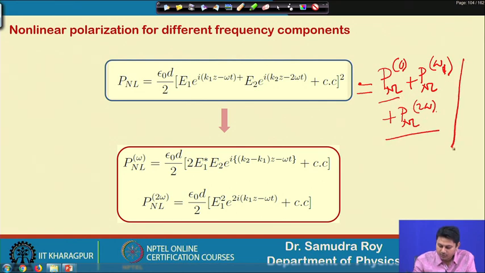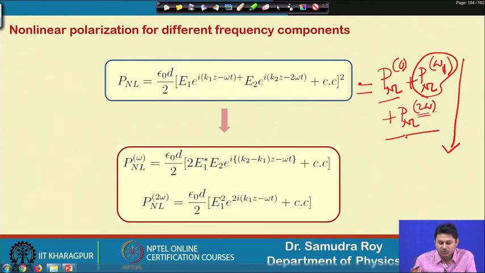These three components should be there. P nonlinear omega is the component generated with frequency omega, and P nonlinear 2 omega is the component with frequency 2 omega.